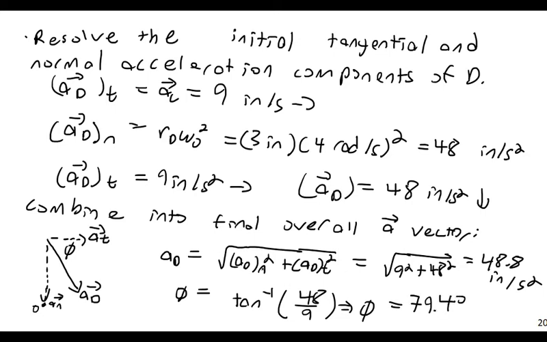So I could define my overall acceleration either as a set of tangential and normal components, or I could describe it as a magnitude and a direction, like you always can. Okay. All right. Questions on that?